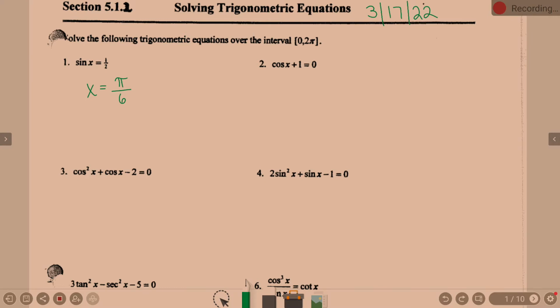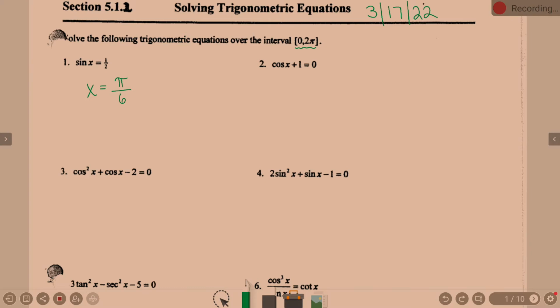The chart. From the chart, yes? So in quadrant 1, sine equals 1/2 at pi over 6. Now, do you notice he gave me radians? Radians is what I want, and I know I want radians because it said on the interval 0 to 2 pi. If it said on the interval 0 to 360 degrees, then I'd look for degrees. But it did say 0 to 2 pi.